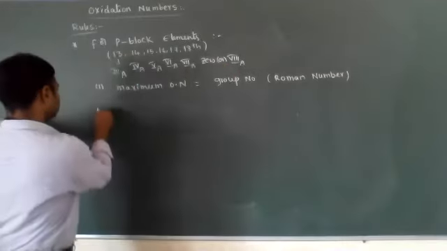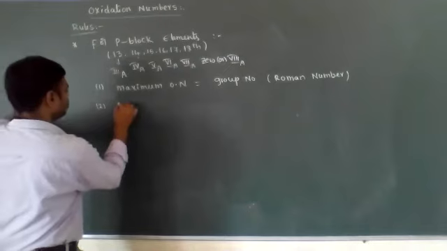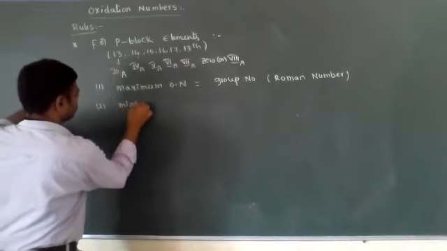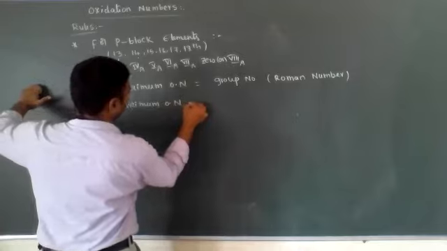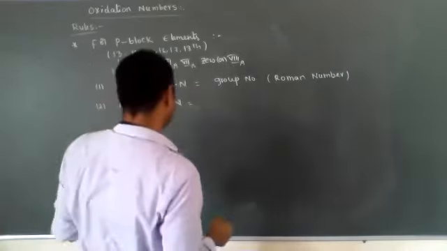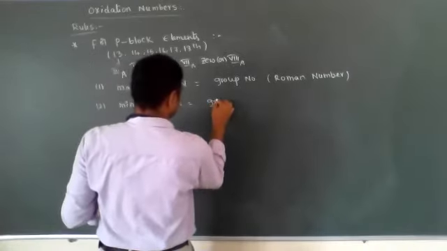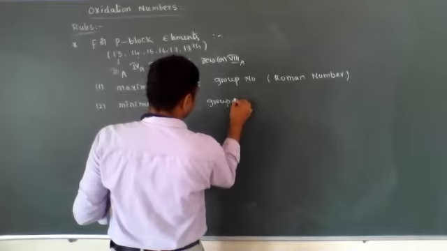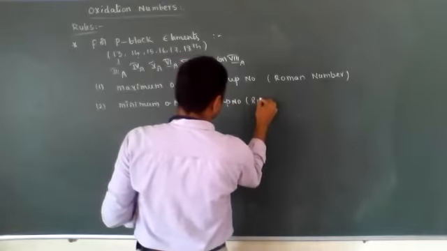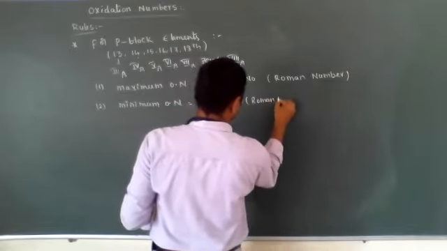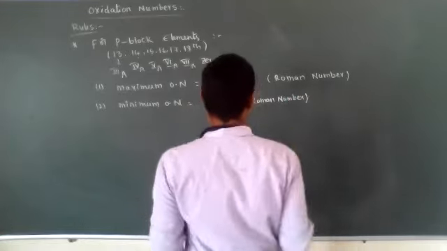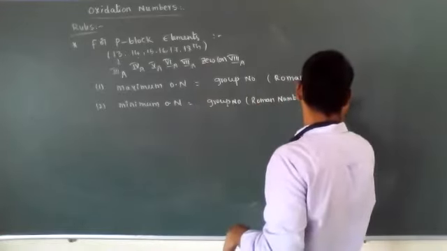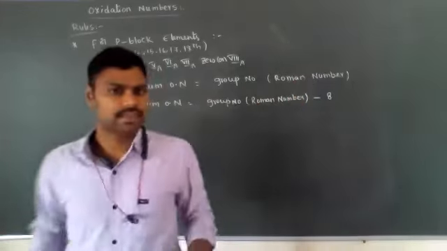Now the second point is minimum oxidation state. Minimum oxidation state or minimum oxidation number is equal to group number (Roman numbers) minus 8.